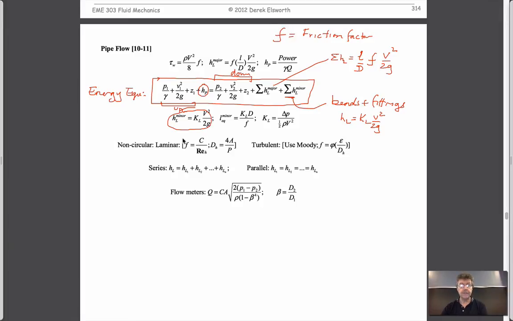And this friction factor for laminar behavior, only for this one case we've looked at, is going to be equal to, for a circular pipe, 64 over Re. And so this is for only a circular pipe and only laminar flow. So we'll look at this equation many, many times before we're done.